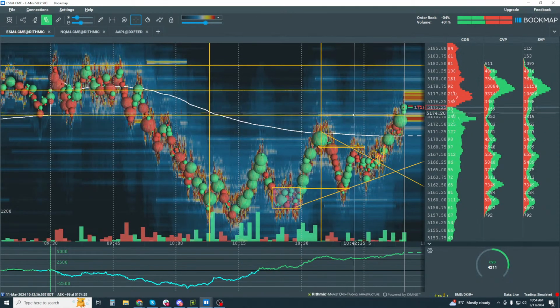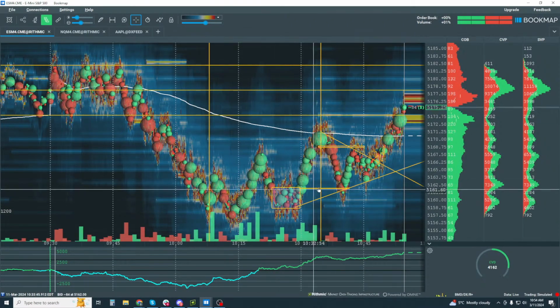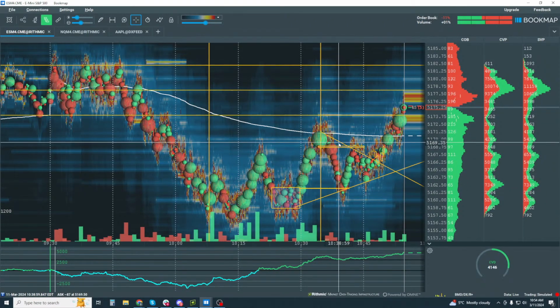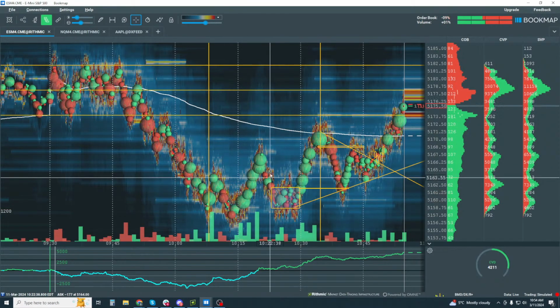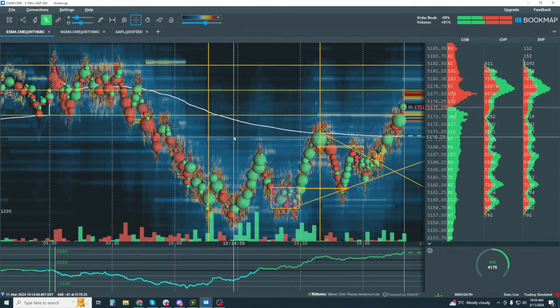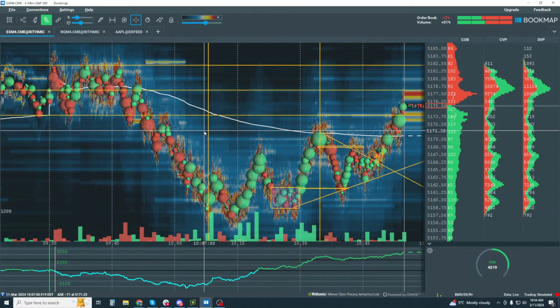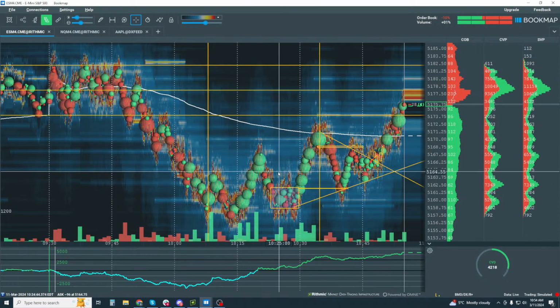As this is actually turning out, now this is in hindsight, okay, but it's turning out to be a pretty nice reversal pattern. Okay, you can see kind of a shoulder, head, and shoulder here. It's not the greatest, but what is important to understand is the transition of the orders.